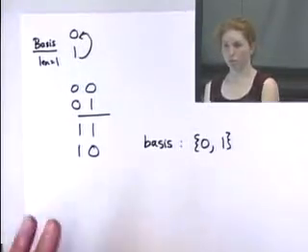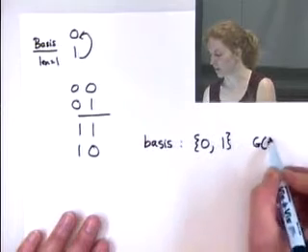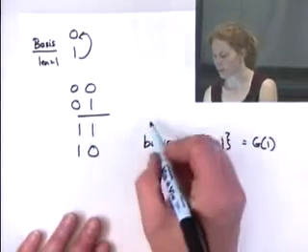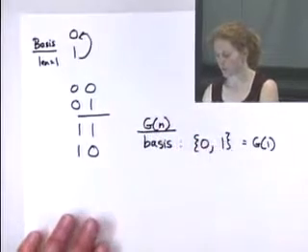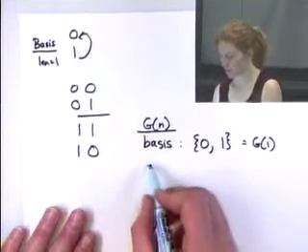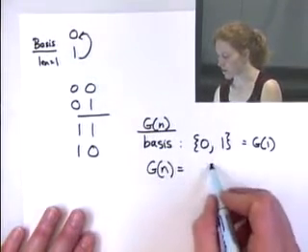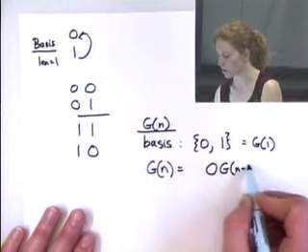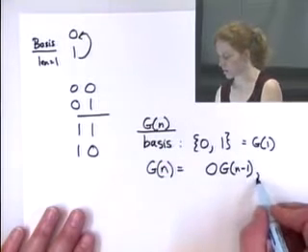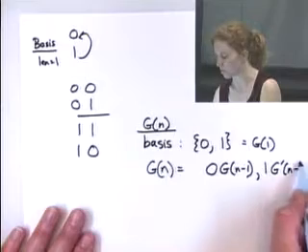And then our recursive rule would be, so let's just say this is G1, the gray code of length 1. So we're trying to define G of n. We've defined G of 1. So G of n is going to be equal to taking a 0 and putting it in front of G of n minus 1, making that list, and then following it by a 1 in front of the reverse of G of n minus 1.